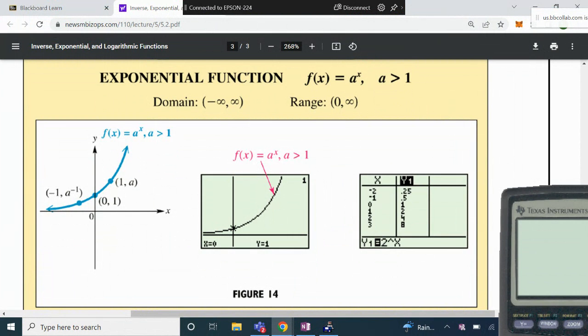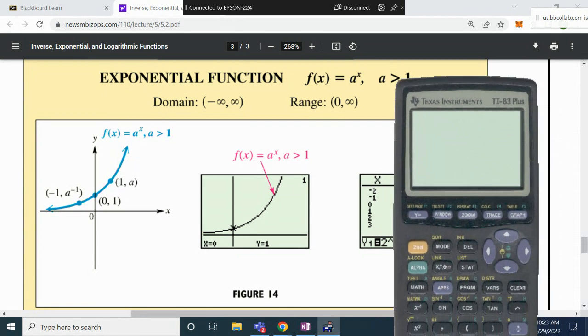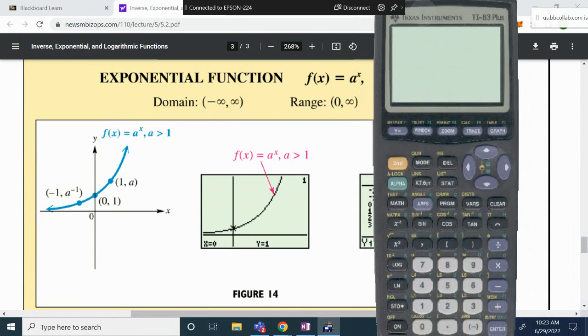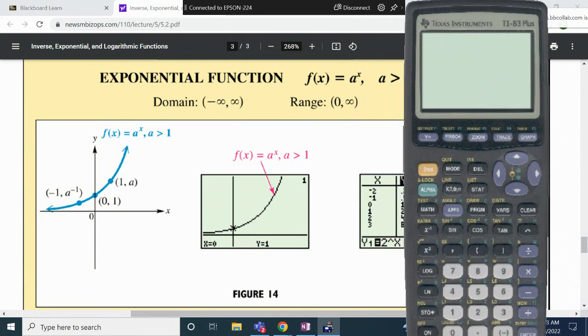If we take a look at the graph, as we read this graph, we read graphs from left to right as we read sentences from left to right. Notice that this graph is increasing. And that would be true for any exponential function whose base is greater than 1.